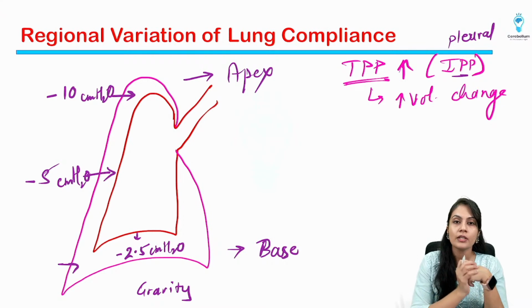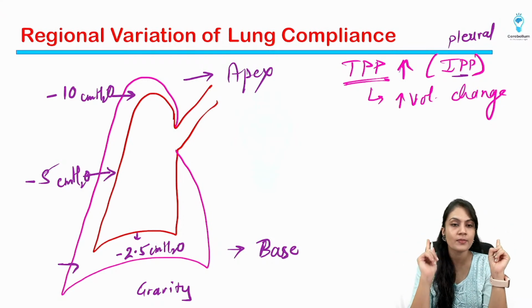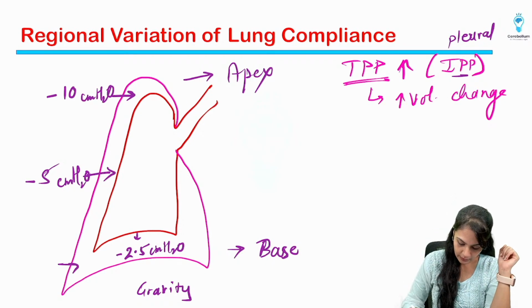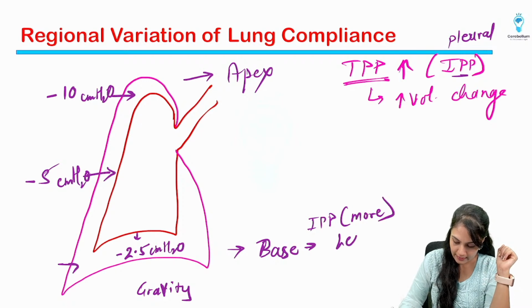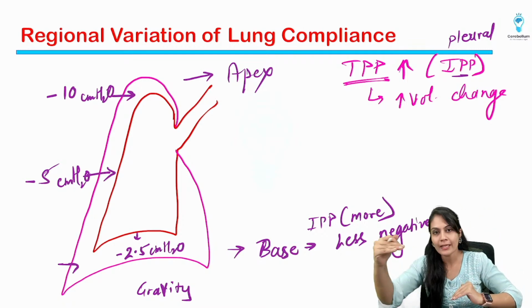And everything should be in the minus. Why? Because of the opposite recoil of the lung and chest wall, the intrapleural pressure will always be negative. But remember, at the base, due to the gravity, IPP is going to be more, or you can say less negative. Minus 10 is lesser as compared to the minus 2.5.